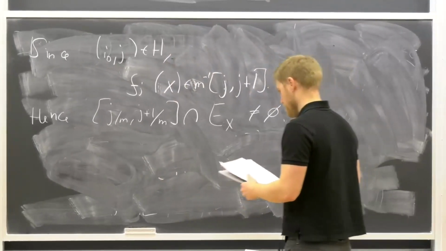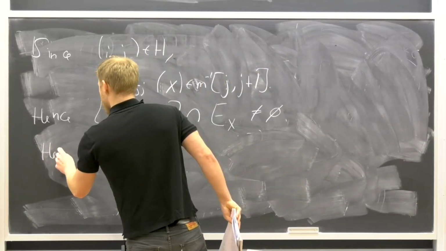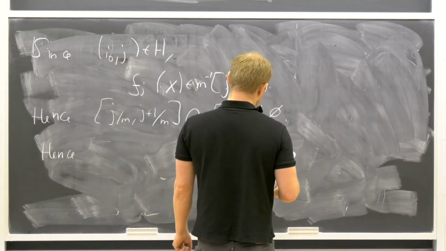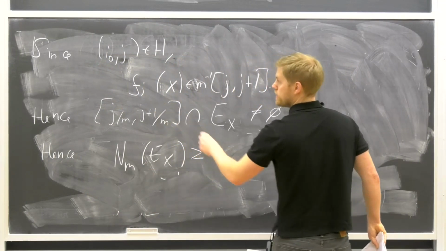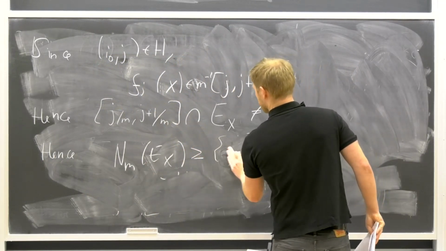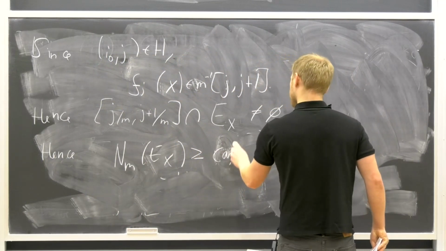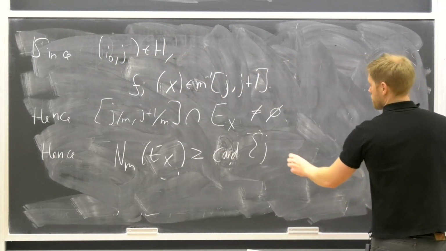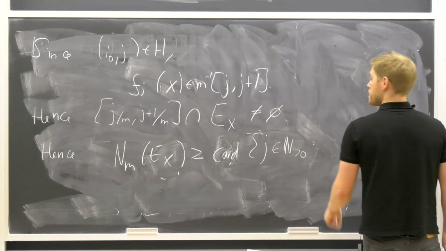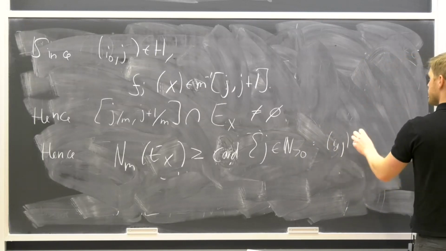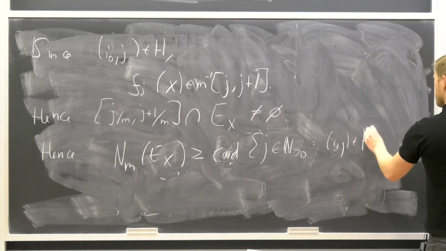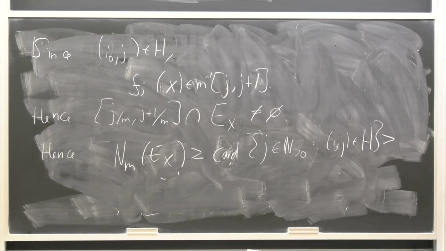So thus, the cardinality of this fiber is larger than the cardinality of the set of I0j in H. But this cardinality, by this equation over there, is larger than m to the p. And this contradicts.